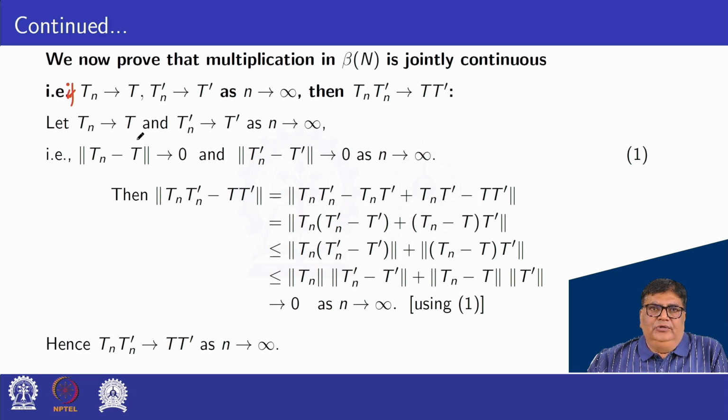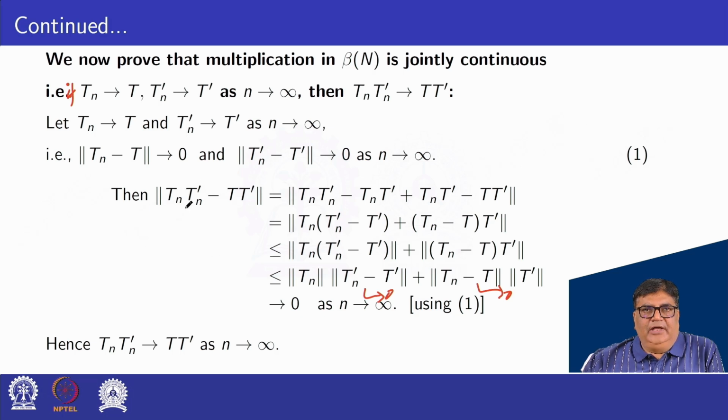Here norm Tn minus T tends to 0 and norm Tn dash minus T dash tends to 0 as n tends to infinity. So this quantity tends to 0 and this is also 0. So the total quantity tends to 0 as n tends to infinity.